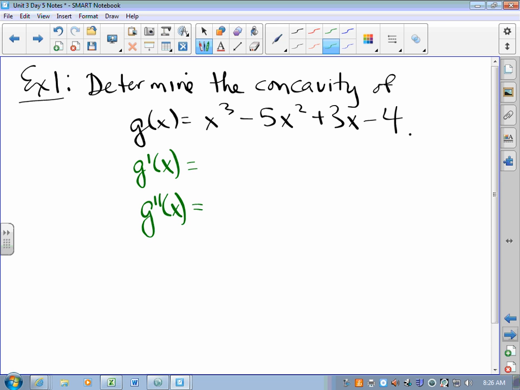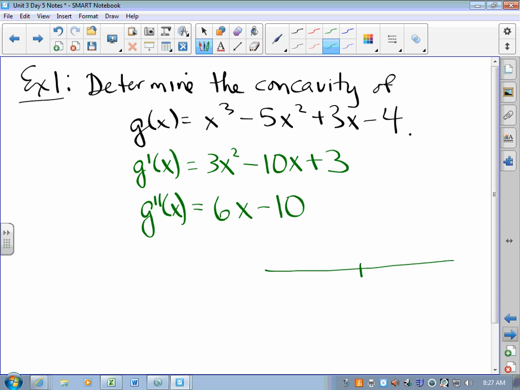But I can't look at g double prime until I look at g prime. G prime is 3x squared minus 10x plus 3. G double prime is 6x minus 10. So what do I know? If I take a look at a number line, which is a line with numbers on it, g double prime changes sign at 10/6, or if you like, 5/3. G double prime is negative before and positive after.